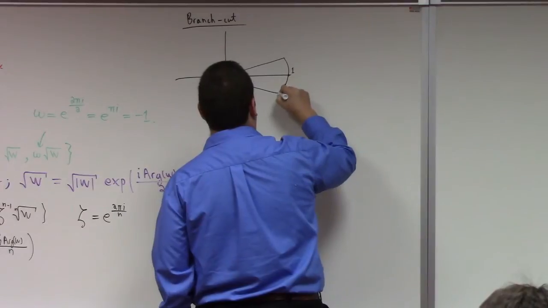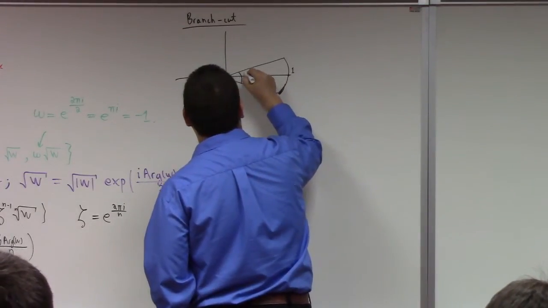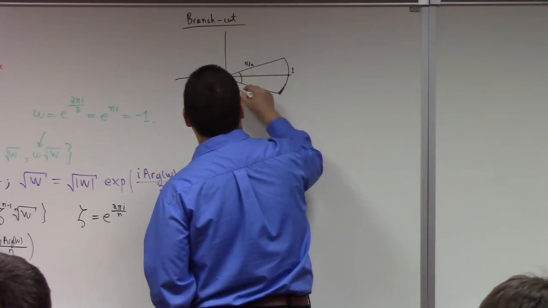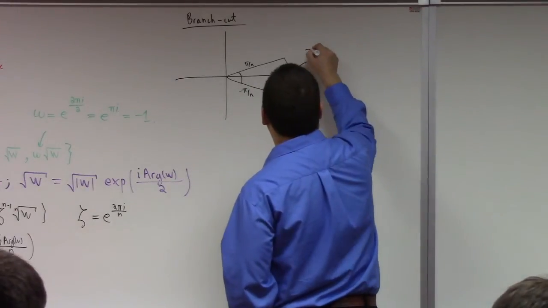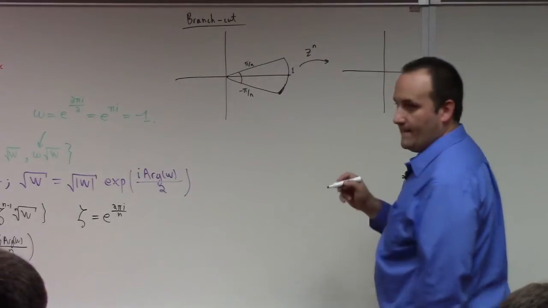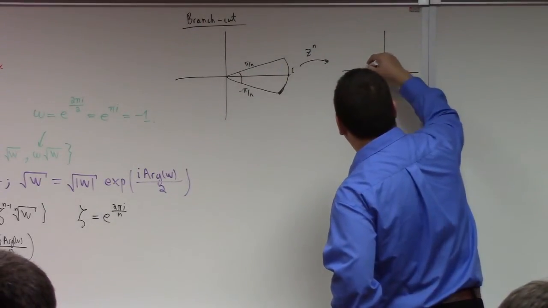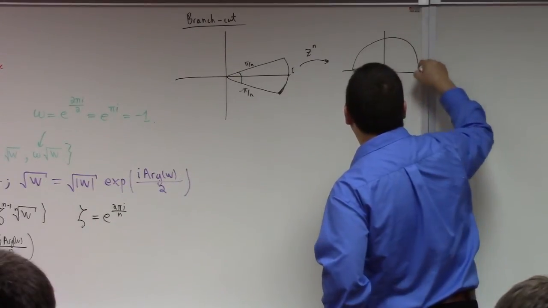I'm going to look at a little sector of the unit circle, where the top is pi over n and the bottom is minus pi over n. And if you look at the z to the n function, what does that do? It blows it up into the left-seeking Pac-Man.